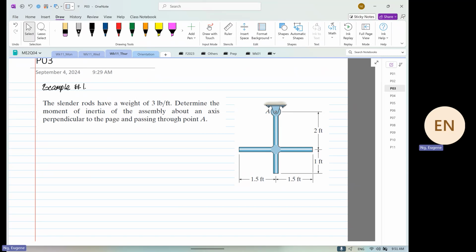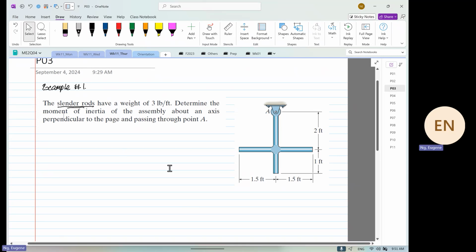Determine the moment of inertia of the assembly about an axis perpendicular, okay, perpendicular to the page and passing through point A. Okay. So first of all, what we realize is that they already verified for us that this is a what? Slender rod.